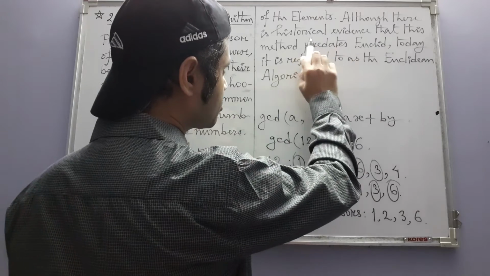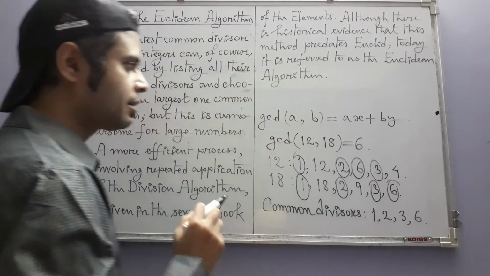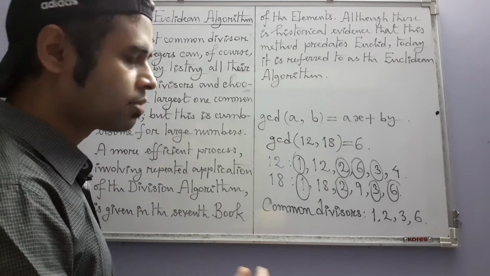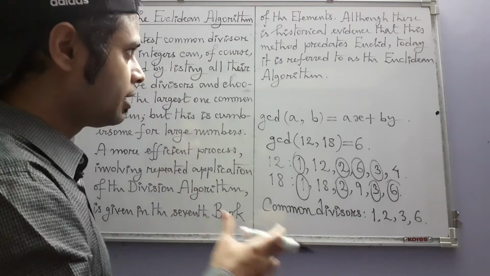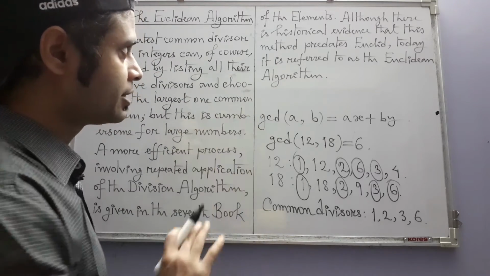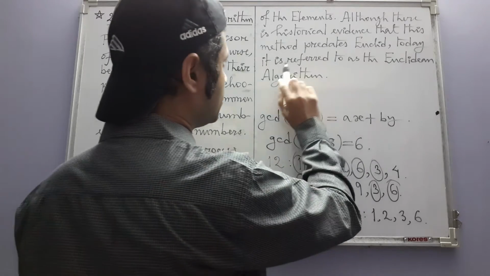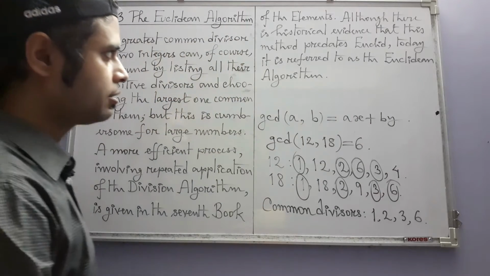Although there is historical evidence that this method predates Euclid, Euclid of course assimilated all the materials, and he had this thing in his 7th book, and that is why today it's referred to as the Euclidean algorithm.